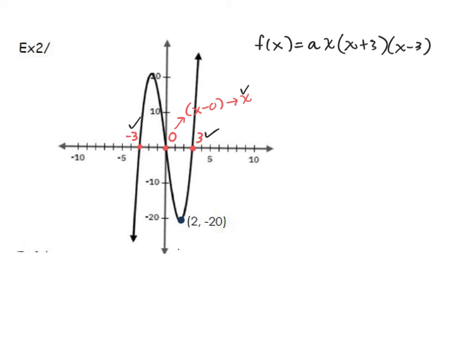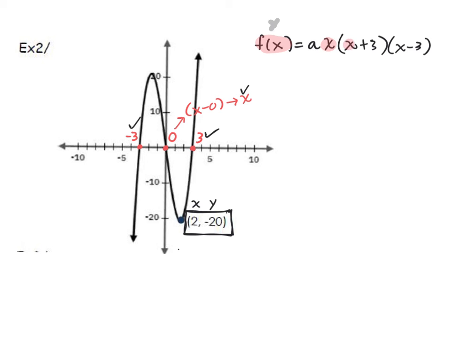All right, next I choose another point. And there's a point already chosen for me. If you see, it's clearly marked. 2, -20. 2 is my x, negative 20 is my y. I take those values and I plug them in. This is where I plug in y. This is where I plug in x.